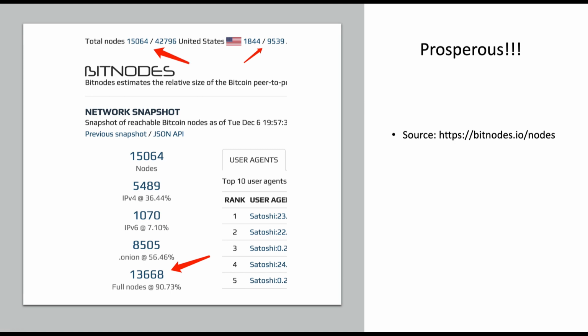We know two nodes can form a peer-to-peer network, so 15,000 is really a lot of nodes. We can see how the Bitcoin community prospers.